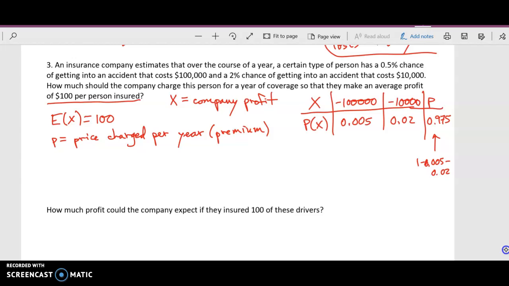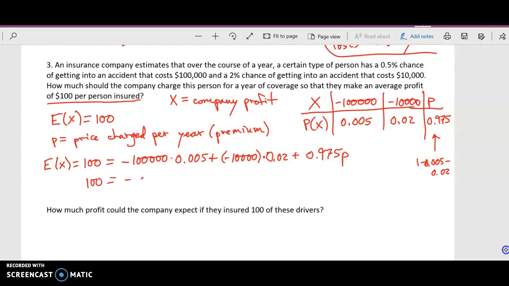Okay, so we want this expected value. We know it's going to be equal to 100. And that's going to be equal to losing 100,000 times its probability, plus losing 10,000 times its probability, plus 0.975p. We're going to solve this thing for p. This is negative 500.